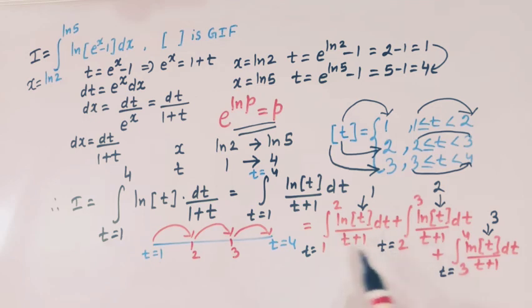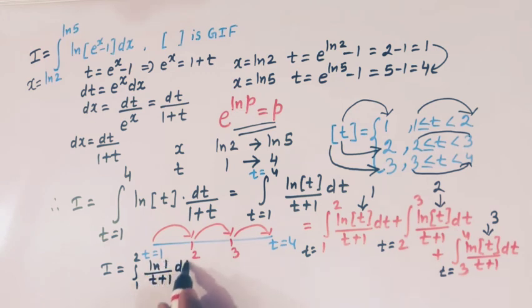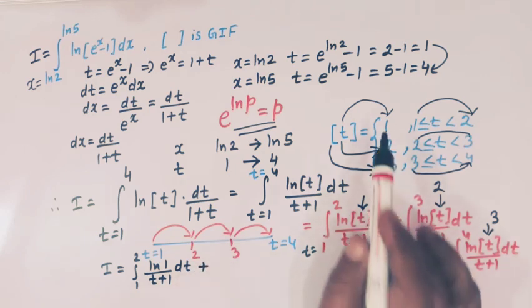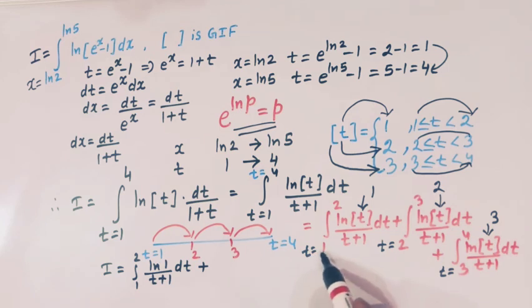So now these three integrals can be written as I is equal to the integral from 1 to 2 of log of 1 over t plus 1 dt, right? Because greatest integer t is equal to 1 when t varies from 1 to 2, and a similar argument goes for these two.